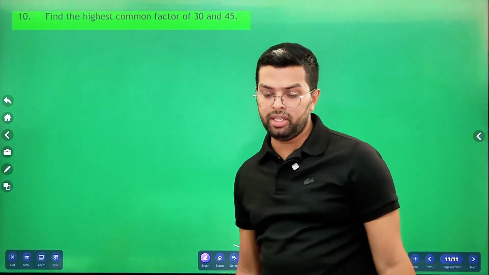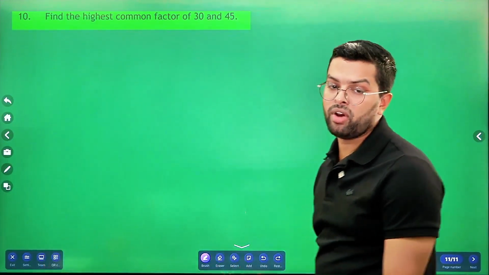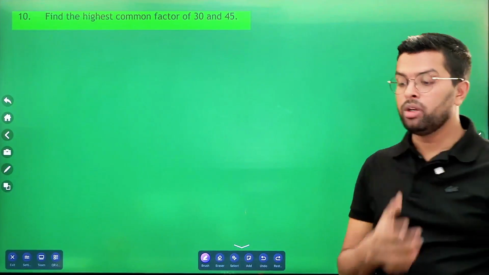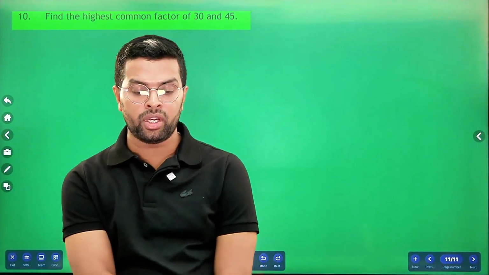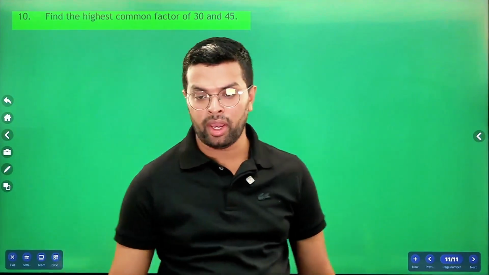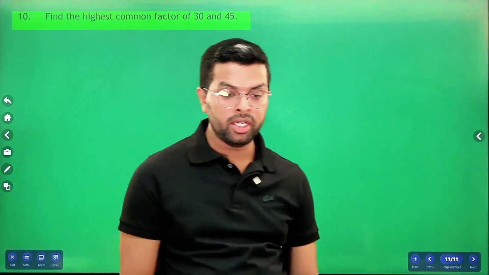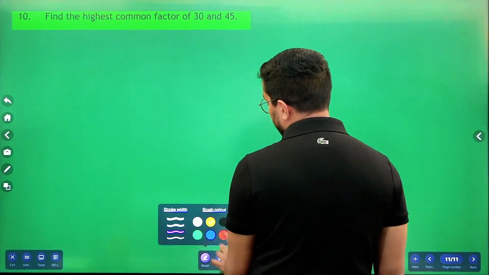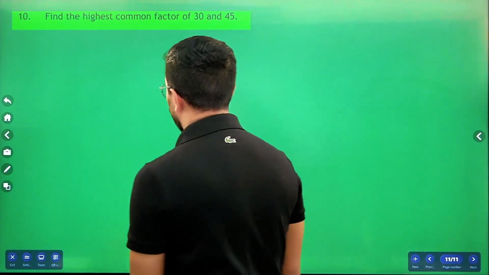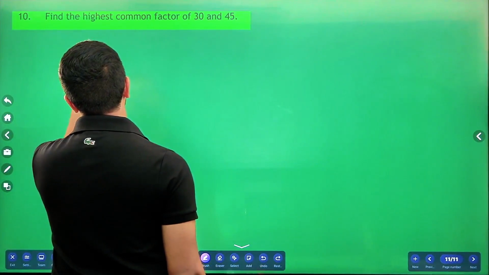Question number 10 is from a very important lesson. It asks us to find the highest common factor for 30 and 45. There are 3 methods to find the highest common factor for given numbers. Let's try one method here.